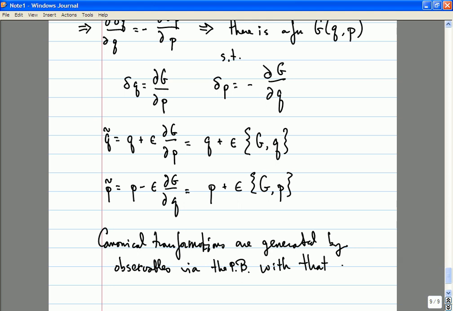And G here is referred to as the generator of the corresponding canonical transformation.